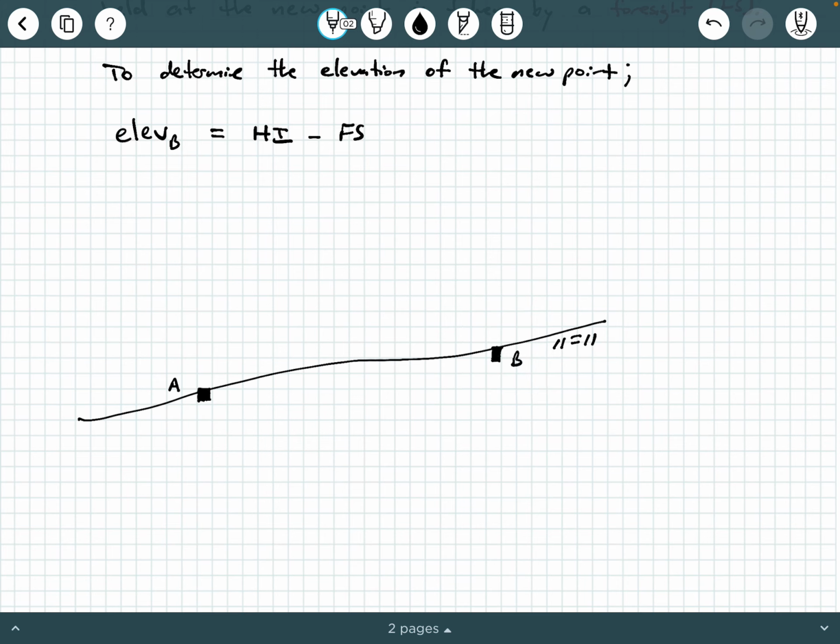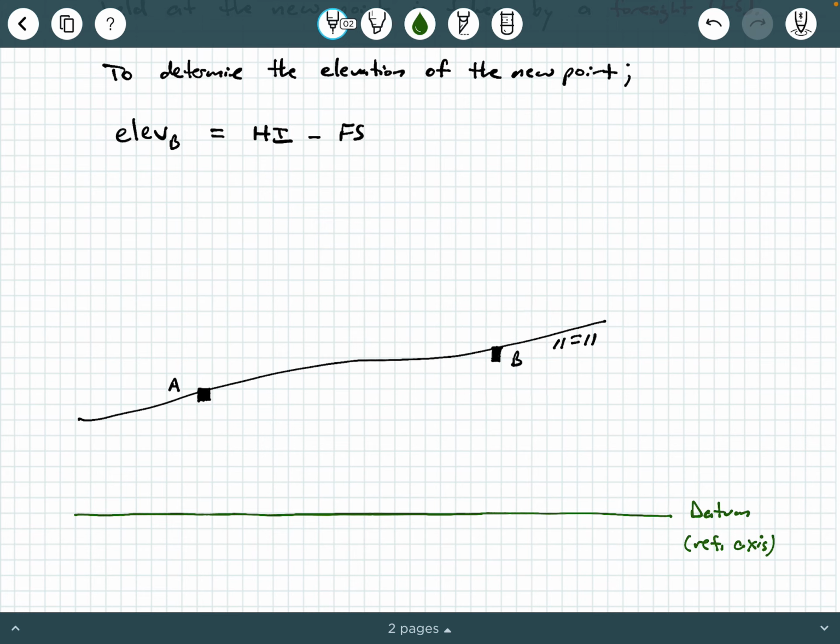Okay, now I used this word called datum a few minutes ago in the video. So a datum is simply a reference axis. Okay, so this is our datum right here. And a datum, again, it just means reference axis. And it's an axis of some kind of known elevation, okay?